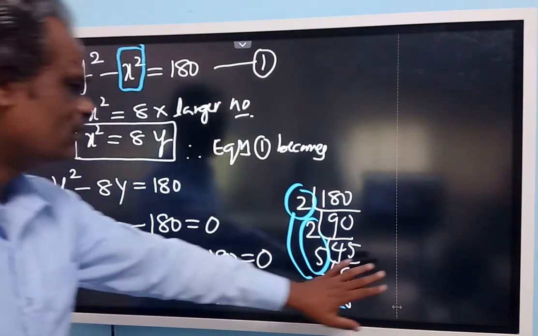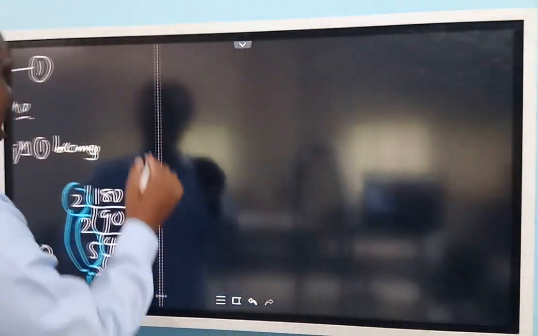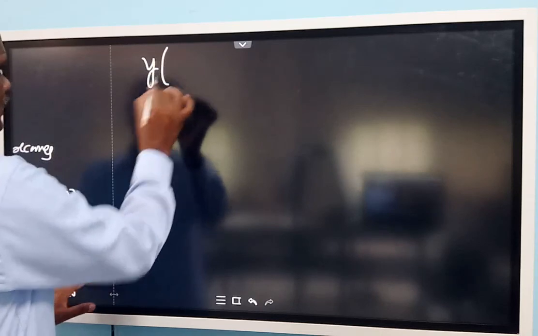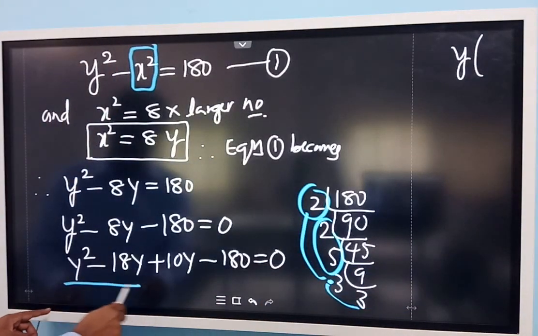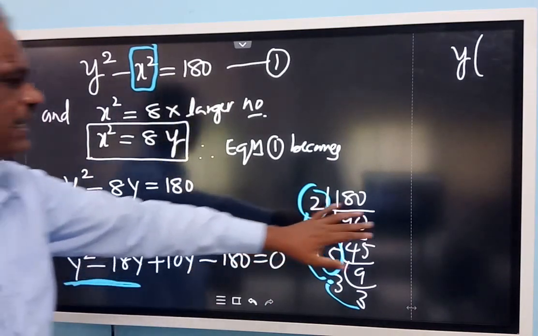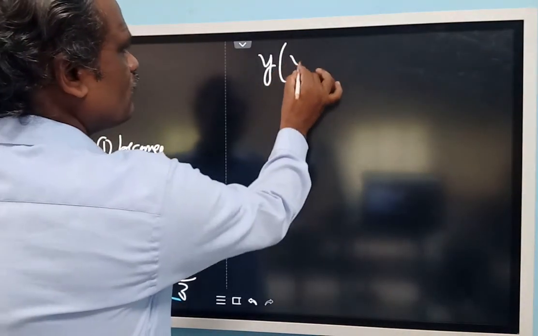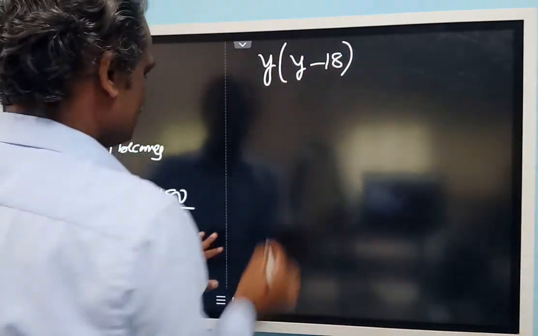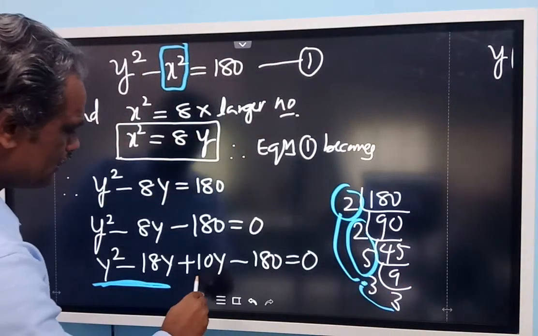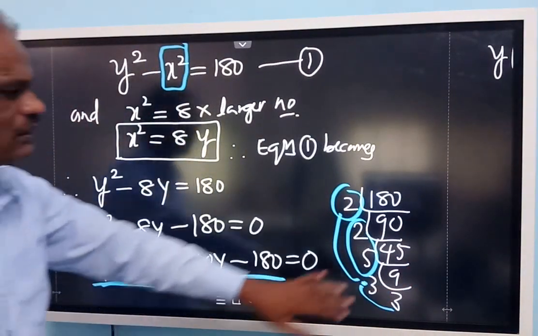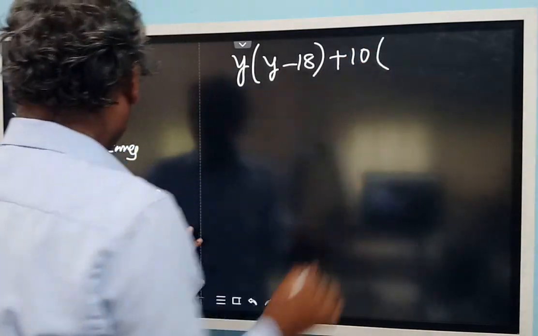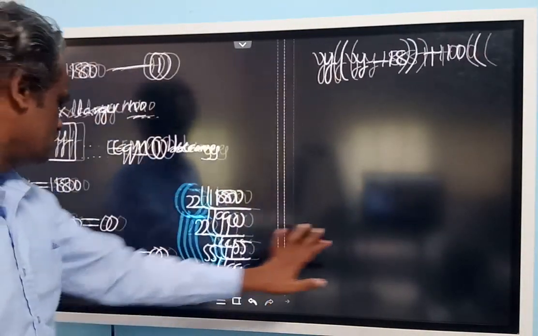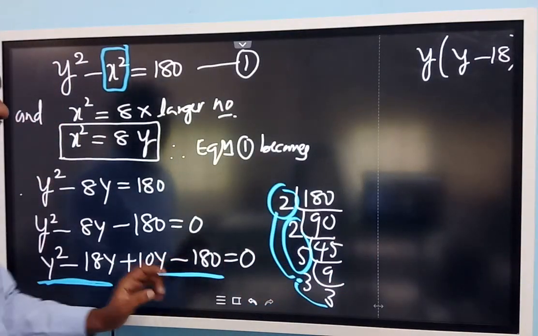Now let us take common from y square minus 18y. If you take y common, what will remain here? y minus 18. Then from the second group, you take 10 common, so plus 10 if you take common, what remains there is y minus 18.